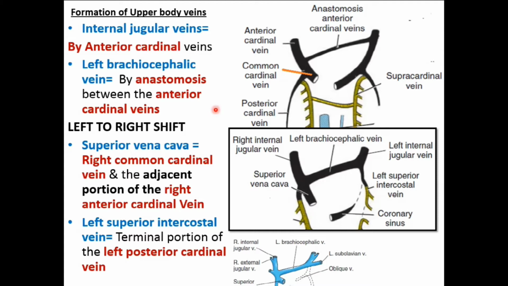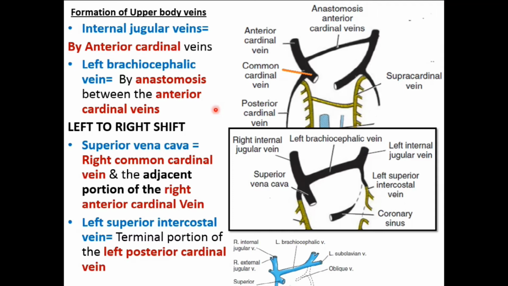So basically during the development, there is a shift of vessels and the shift of blood from the left hand side towards the right hand side. That is the basic idea behind the development of these vessels.